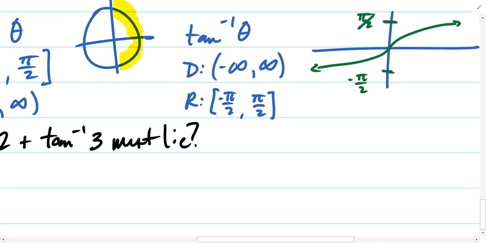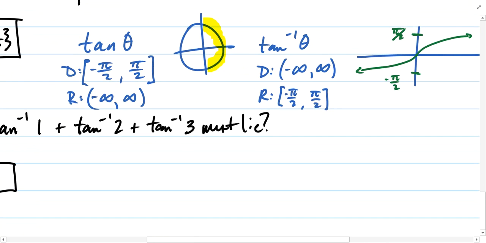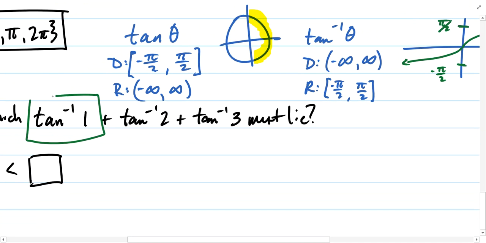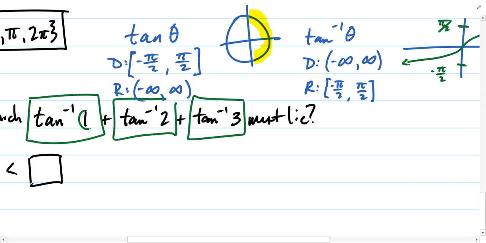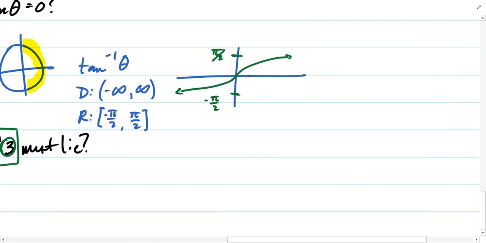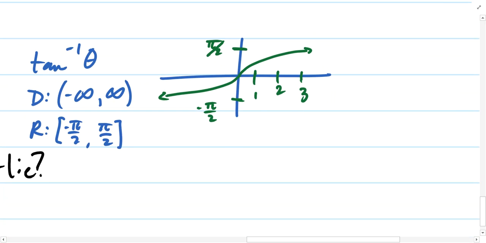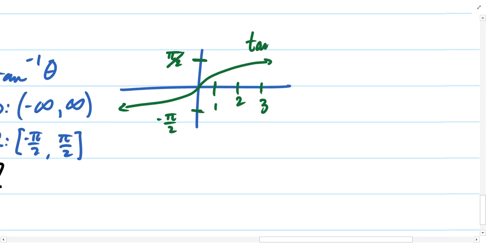And how that relates to what we're talking about here is that each one of these tangent inverses has an input that's a positive number, an input of 1, 2, or 3. Now, without a calculator, I don't know what tangent inverse of this is going to be.